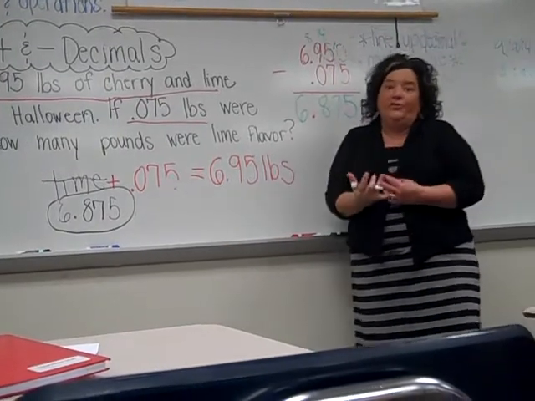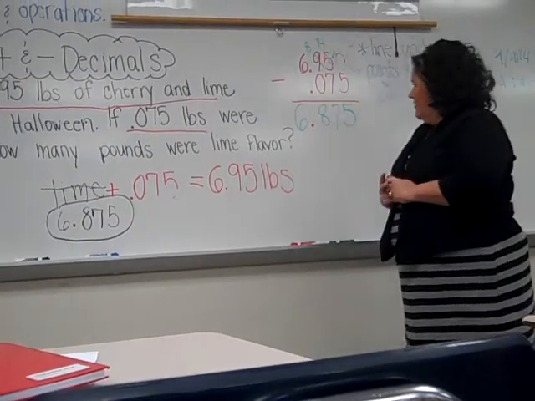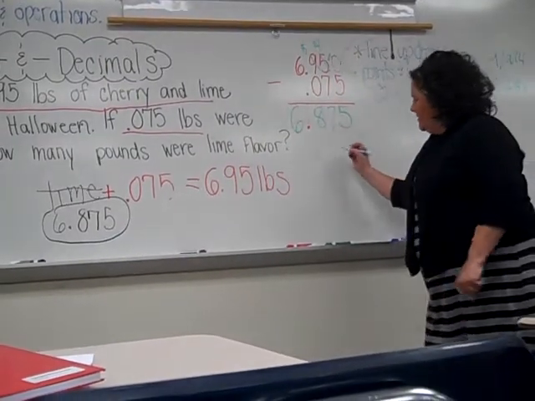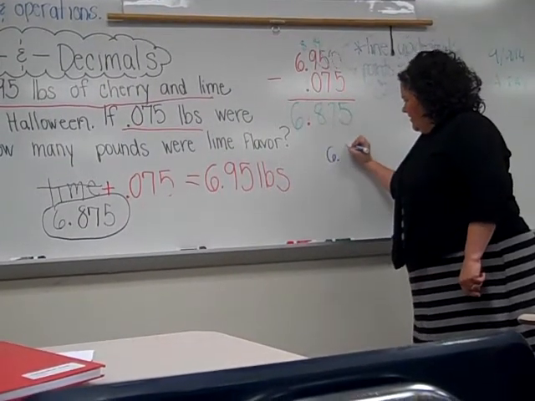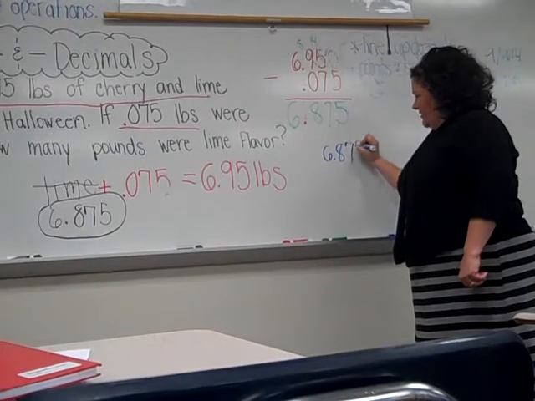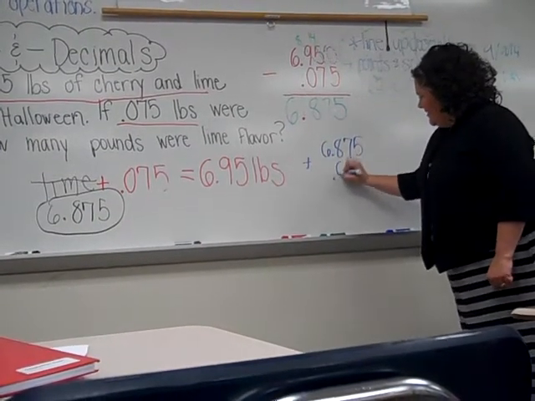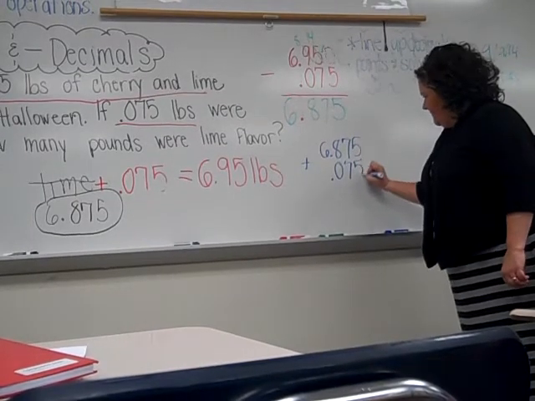So now we're double checking our work. So let me go ahead and use a different color. So 6 and 875 thousandths plus 75 thousandths.